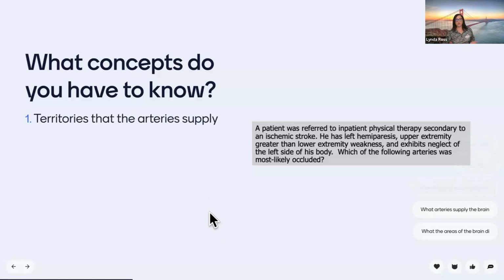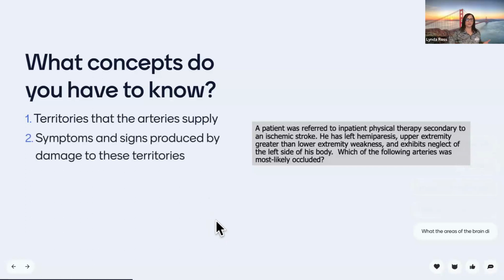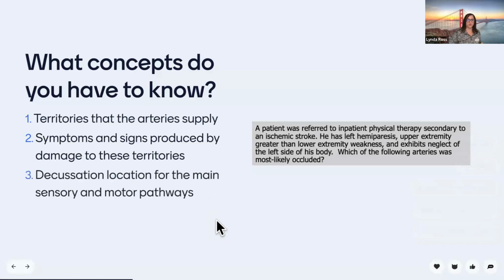All right, so territories that the arteries supply, and symptoms and signs produced by damage to these territories. One key thing: decussation location for those main sensory and motor pathways that we've talked about in the class. Who knows what those main sensory and motor pathways are? What are the biggies? What are the ascending and descending tracts? DCML.